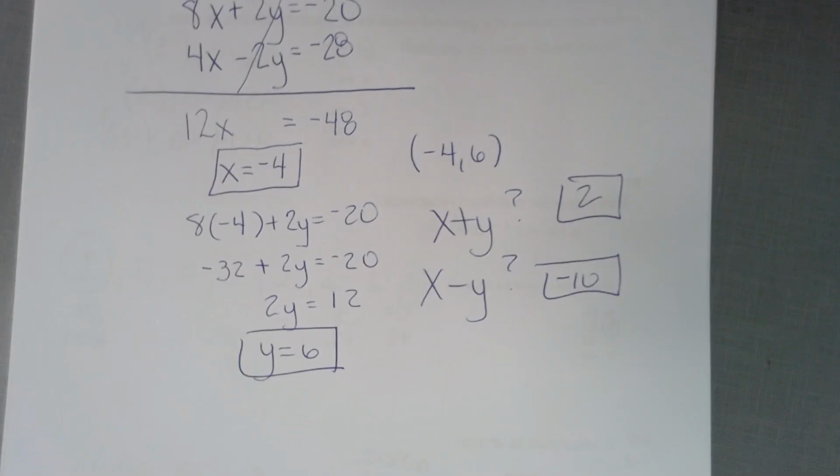But y'all, if they really want to see if you know how to do this, a lot of times when they give answer choices, you know how you work them backwards? Y'all get smart. You take the answers and plug them back in. That's great. But on an EOC, if they want to see if you can work it forward, they're not going to give you any answer choices at all.